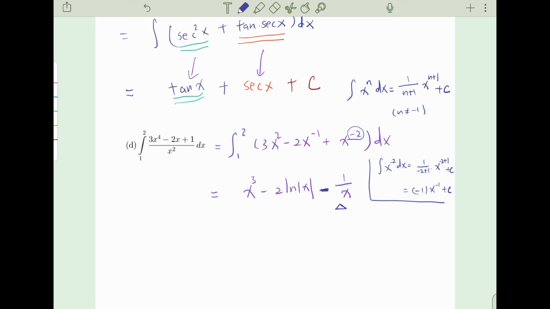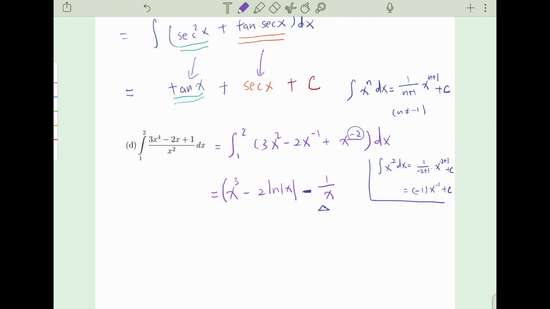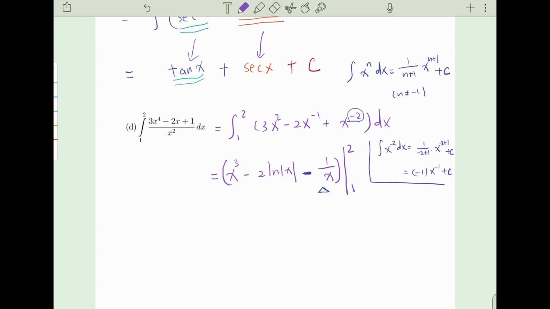But now we're not looking for the indefinite integral. We're looking for the definite integral, so we just put the upper bound and lower bound here instead of c. Now we substitute 2 and 1 into the first expression.